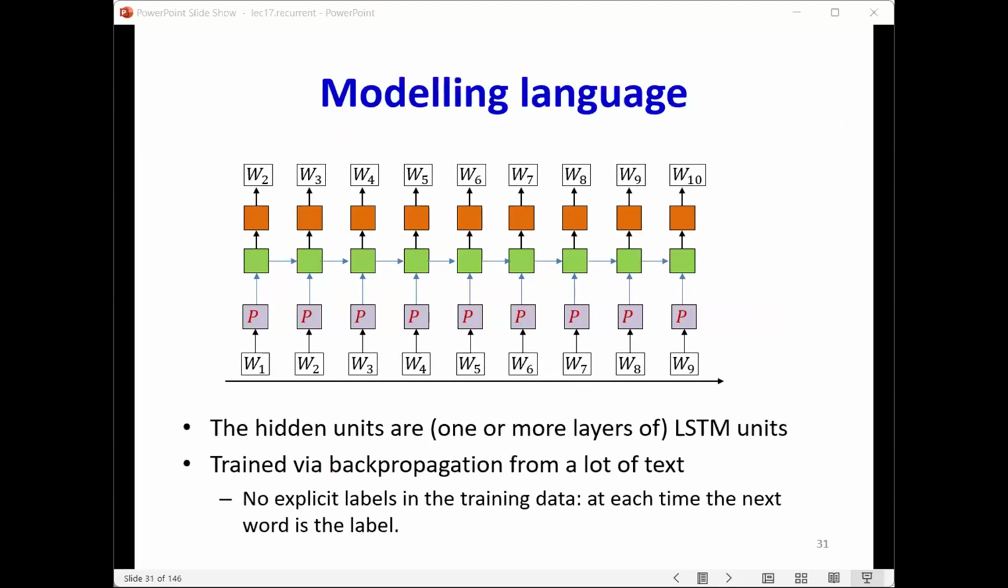Now I could do the same thing with a recurrent model. In the case of the recurrent model, the entire model looks pretty much the same, except now instead of having a convolutional network, it will have a recurrent network. And when I have a recurrent network, at any point, what is the probability distribution being computed?